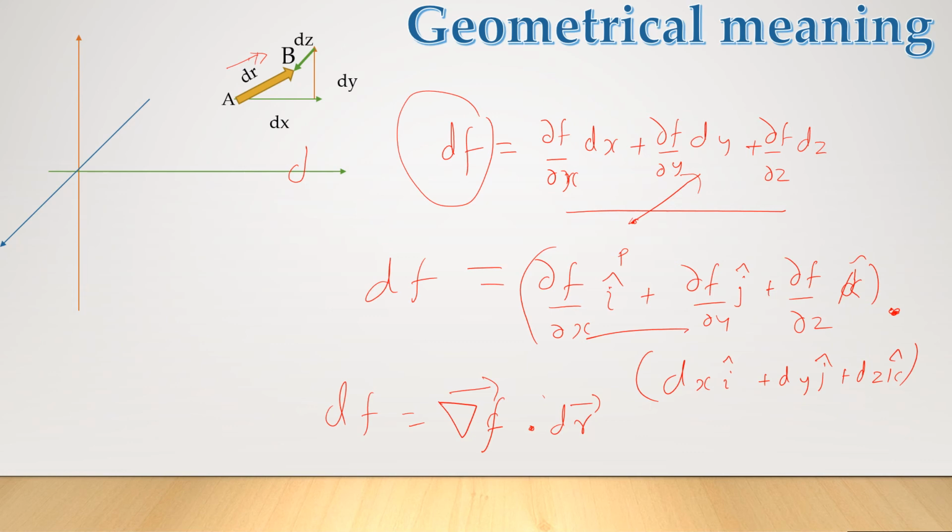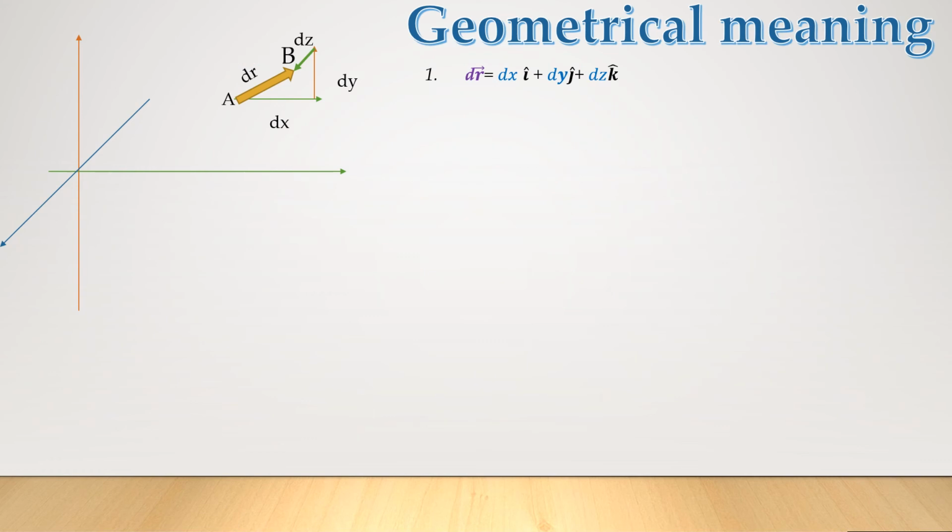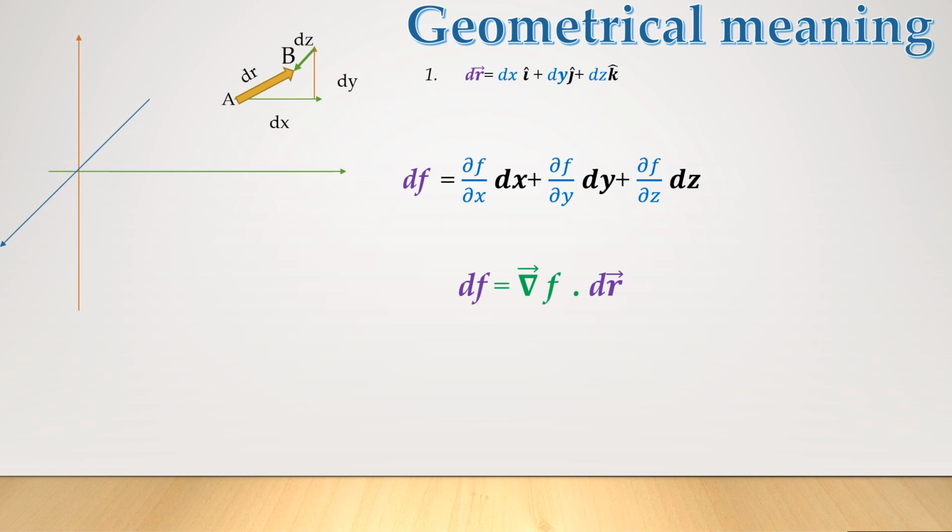In beautiful computer handwriting, dr vector is like this. Then df, we consider, will be like this, and this can be written as the dot product of the gradient of the field and that small infinitesimal displacement dr.